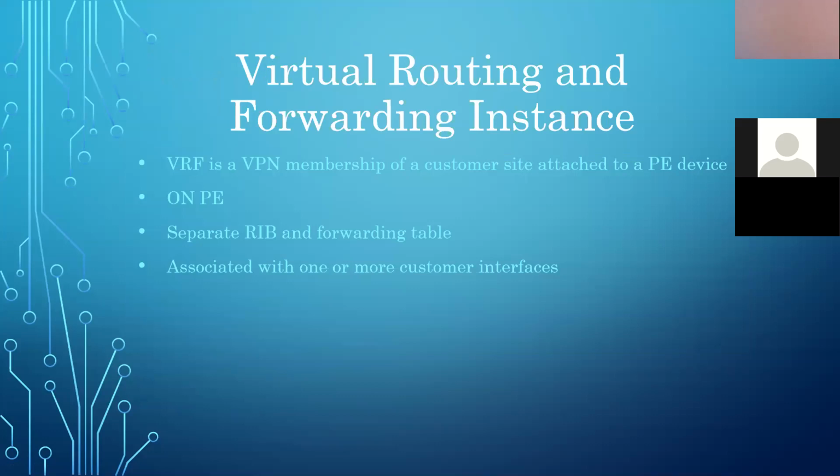For example, if a customer is found in the VPN instance and the other customer edge is found on the same VPN instance, that means they are members of this VPN instance, and it's associated with one or more customer interfaces, as I told you, if they are the same. And this VPN instance is done on the VRF, on the provider edge device. We'll see it in the lab session.